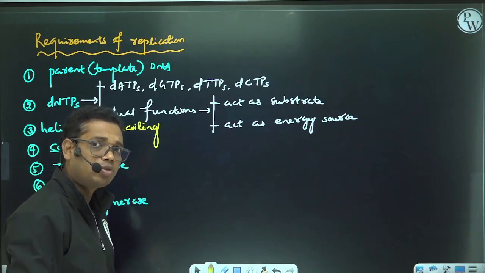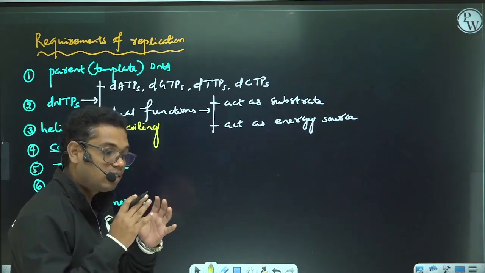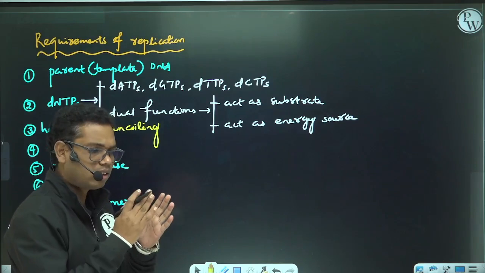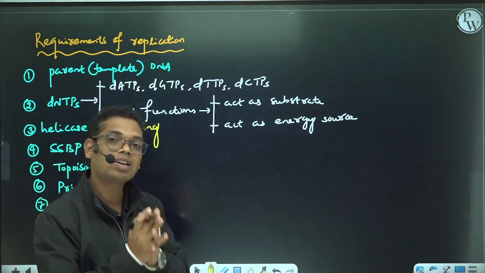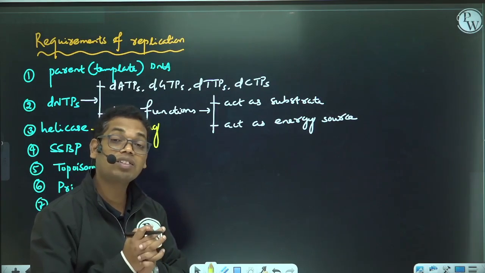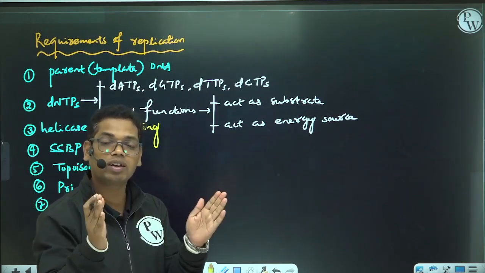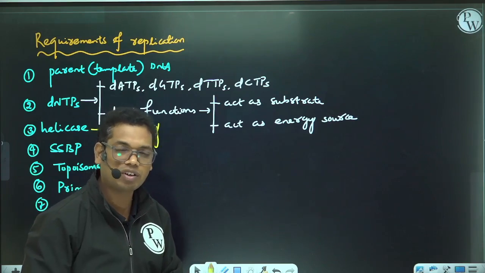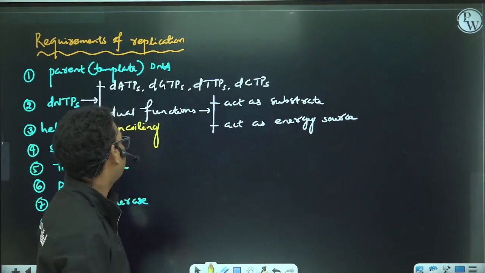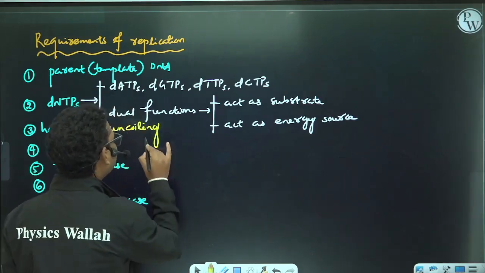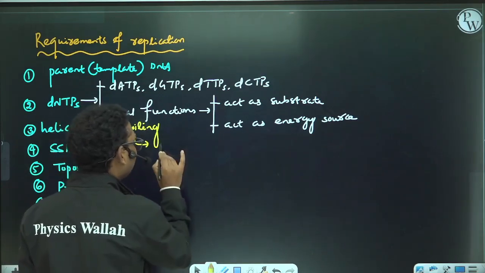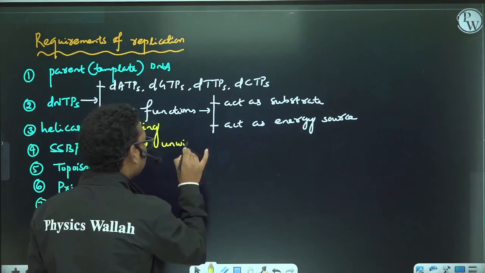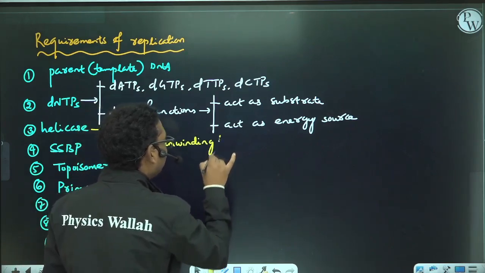What do you understand by denaturation of DNA? In a DNA we have two strands, and between these two strands I have hydrogen bonds, and if I break the hydrogen bonds, the strands will get separated. That is called denaturation of DNA or uncoiling of DNA. So it causes uncoiling of DNA, and this uncoiling is also called unwinding of DNA or denaturation of DNA.